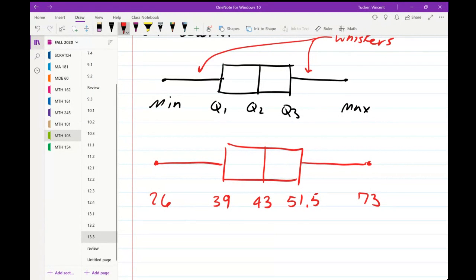So that's the box plot for the data set that we just discussed. Your minimum and maximum value, of course, is given in your data set, but then Q1, Q2, and Q3 is what you have to find, according to what we did in the last example.